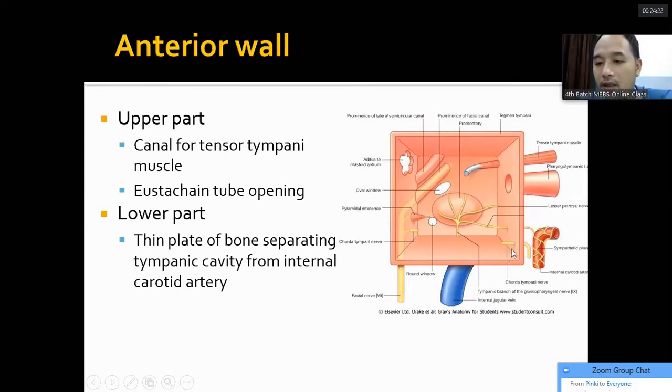And there is another opening in the anterior wall, also called the anterior canaliculus, through which the chorda tympani nerve exits the middle ear cavity. Also, sympathetic fibers from the sympathetic plexus around the internal carotid artery pierce the anterior wall to enter the middle ear cavity.